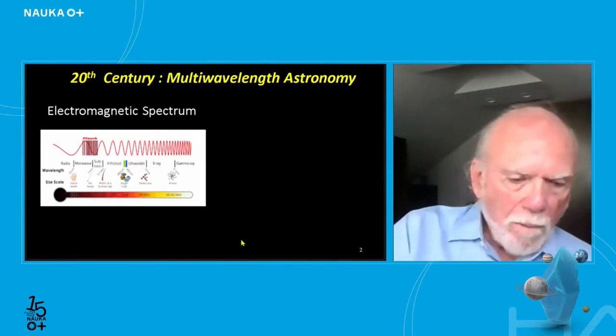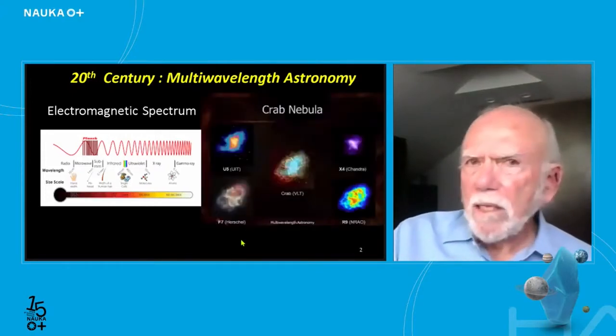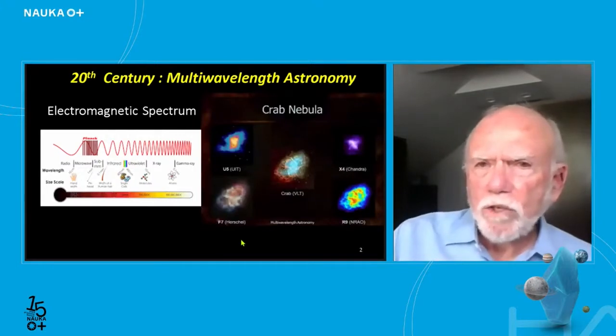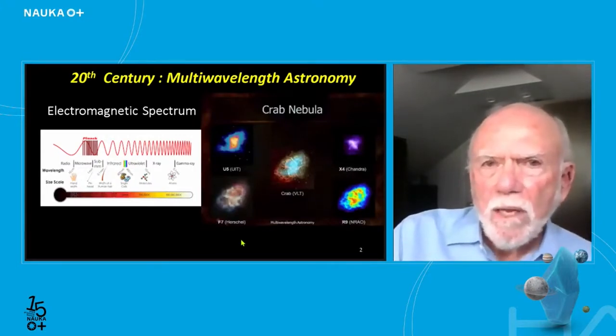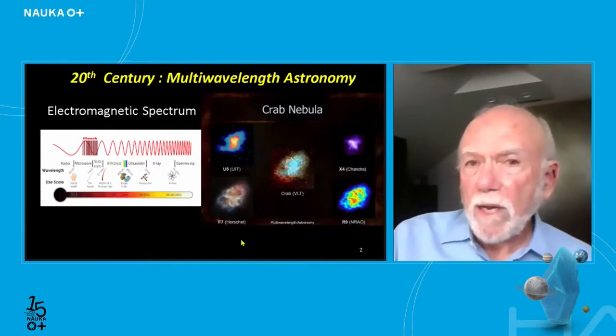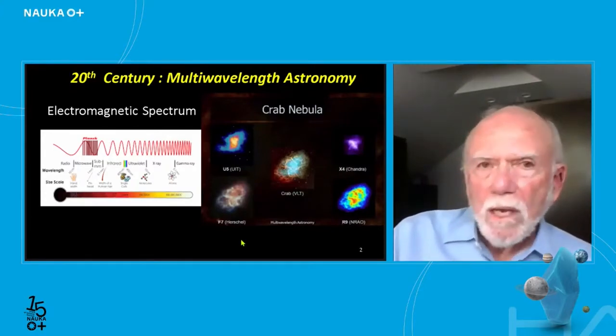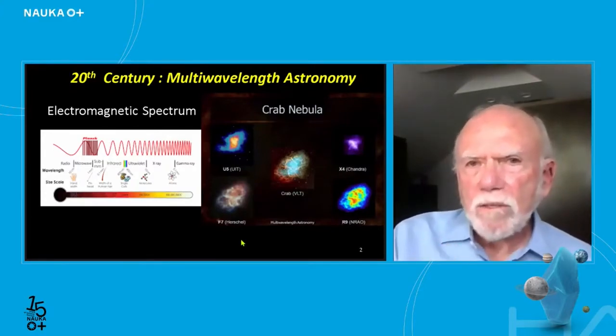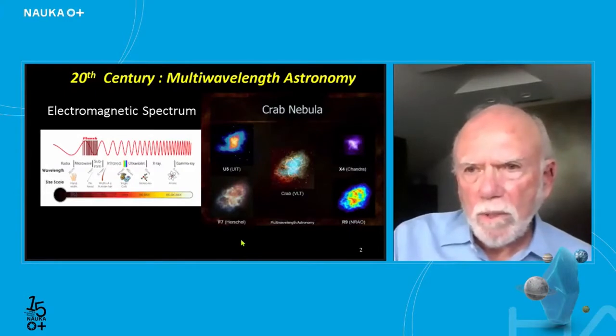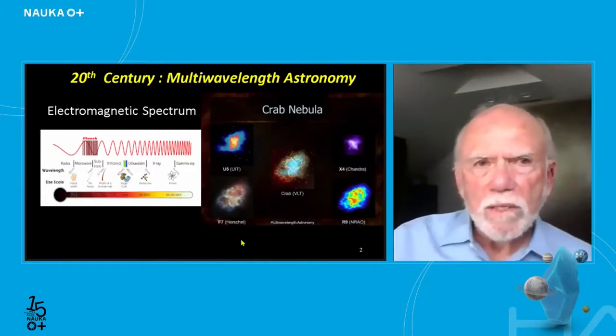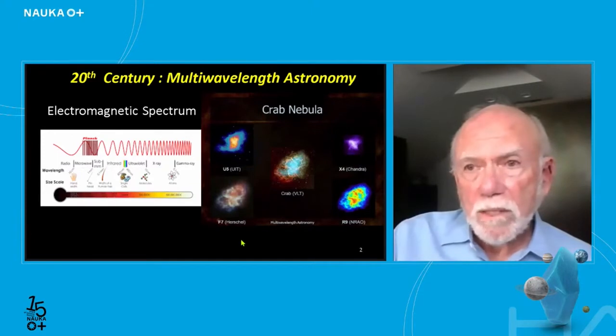And basically, what has been done, and I illustrate that on the right by just showing a picture of the Crab Nebula, is to look at the same phenomenon or the same objects and look at them not just in the visible, but in all the different wavelengths that you might be able to detect them.